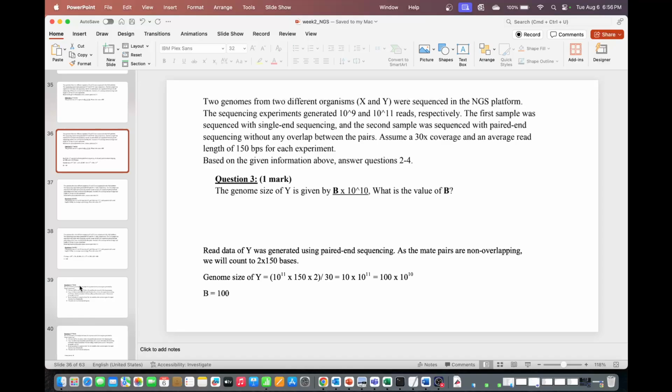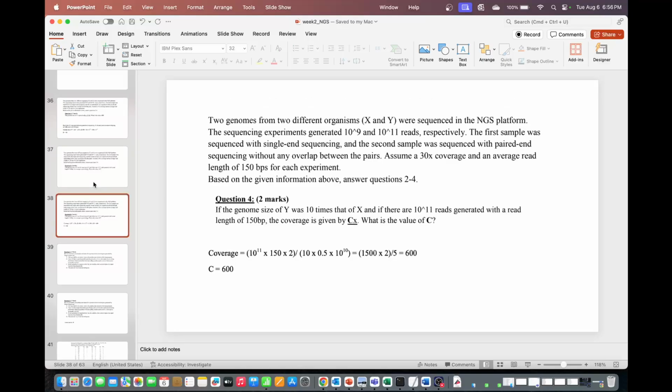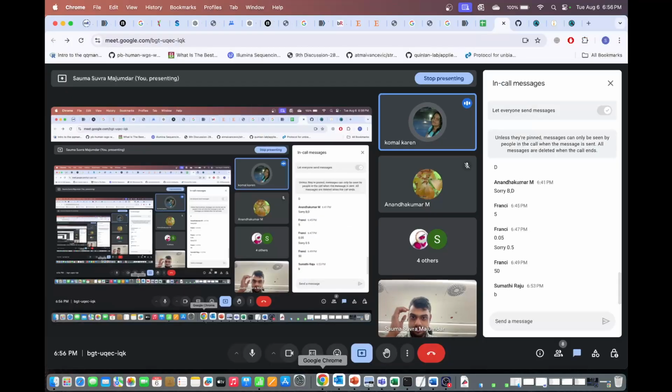And the coverage was 300, because the girl who took our session uploaded the assignment stating that this was wrong, highlighted it, and this is the right answer. I'll check. These assignments have been given to us, so I'm discussing from that perspective. I'll cross check and let you know. I just want to know what the right answer is, because I'm also confused.